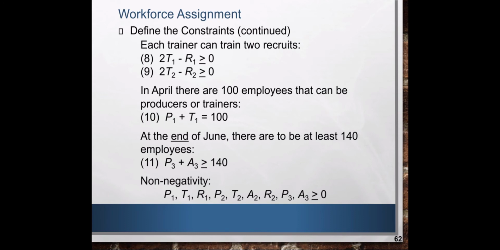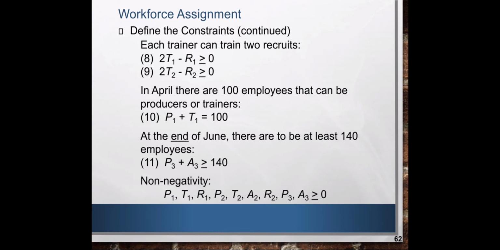Each trainer can train 2 recruits. So 2 T sub 1 minus R sub 1 is greater than or equal to 0, and 2 T sub 2 minus R sub 2 is greater than or equal to 0. In April, there are 100 employees that can be producers or trainers. P sub 1 plus T sub 1 equals 100.